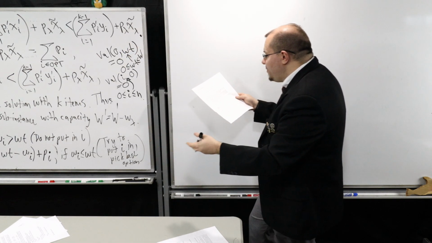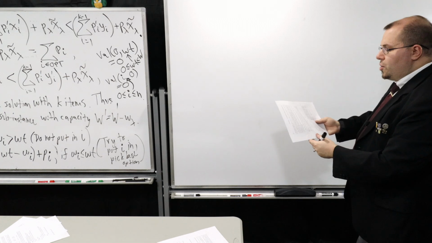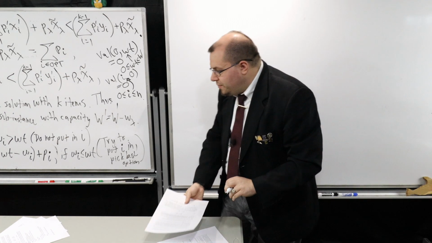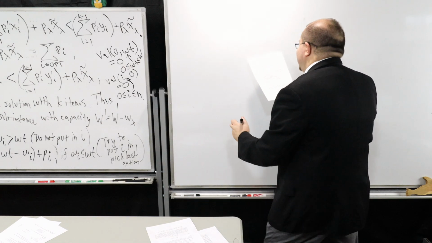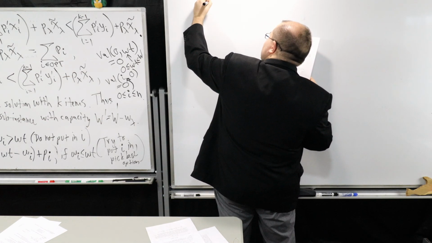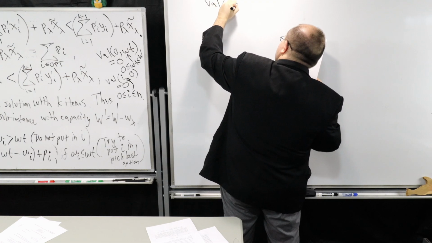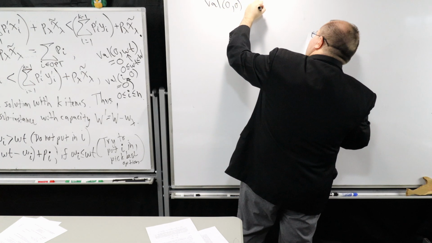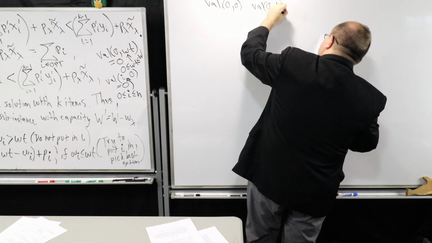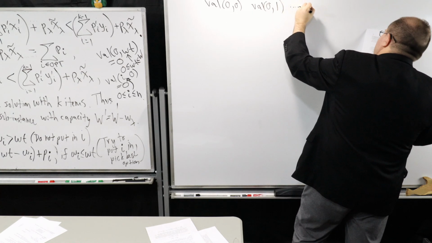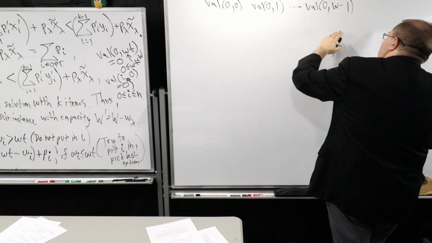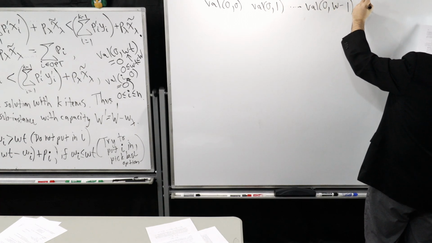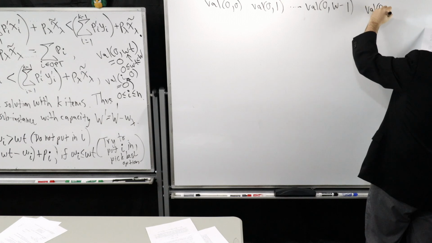So now when I have this, what I can do is arrange all of my values into a table, a two-dimensional array that looks like this. Val 0,0, val 0,1, val 0,W minus 1, val 0,W.